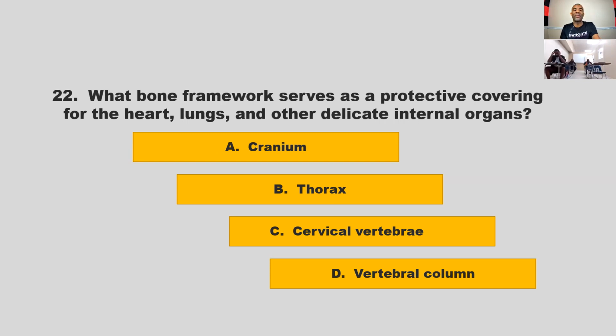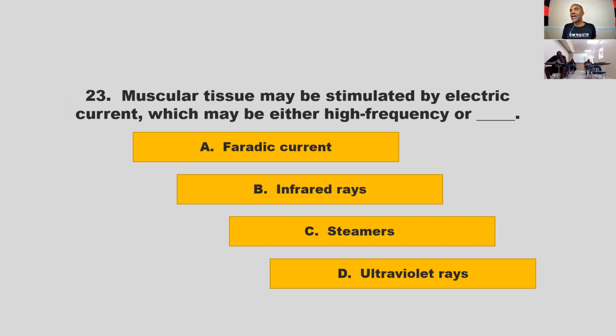Wait a minute, what bone framework? Okay, so what bone framework serves as a protective covering for the heart, lungs, and other delicate internal organs? It's B. That is correct, the thorax.